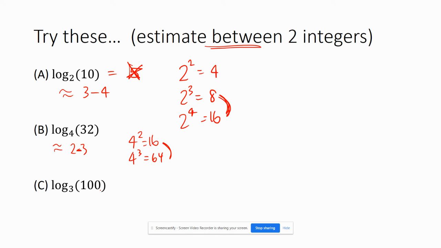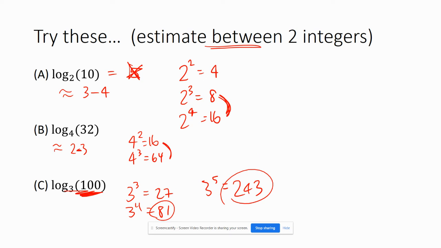And this one, let's start a little bit higher. 3 cubed is 27. 3 to the 4th is 81. 3 to the 5th, I don't know that one. I got to check my calculator. 243. So 100 is in between 81 and 243. So that means this value is in between the 2 powers that I just used to get that.